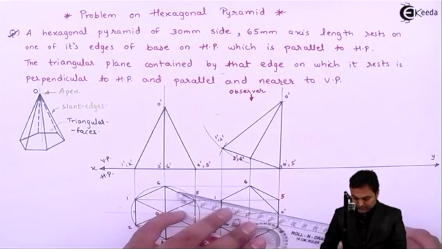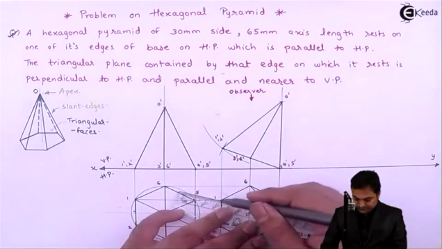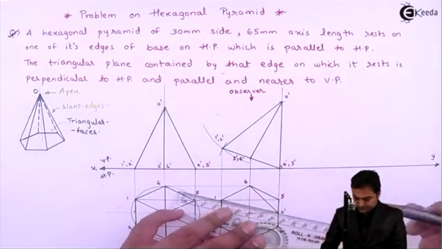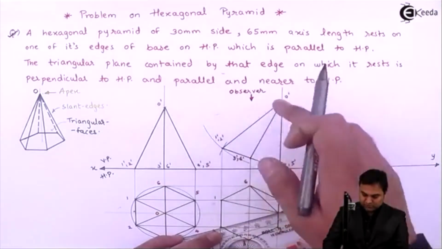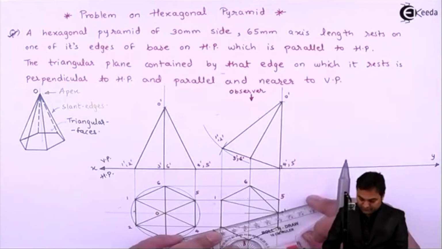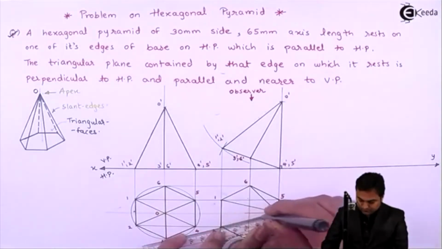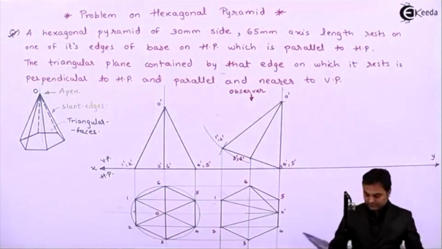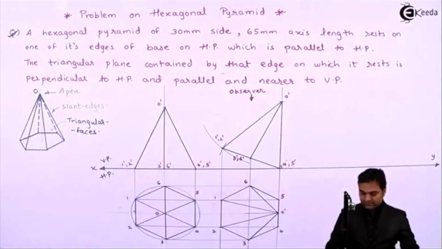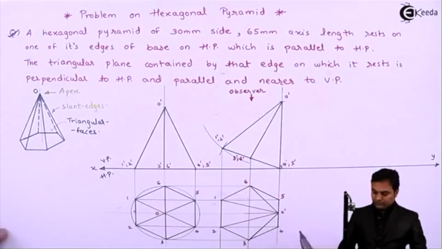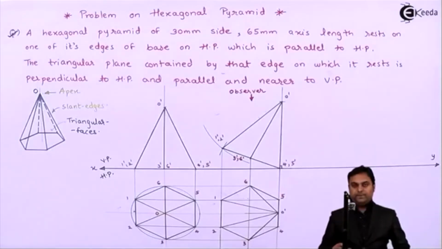Next O to 1 is visible. Then O to 2, this face O dash 1 dash 2 dash is closer to the observer, so that is also visible. Then O to 3 is visible, and O to 4 is visible. So the pyramid will look in this way.